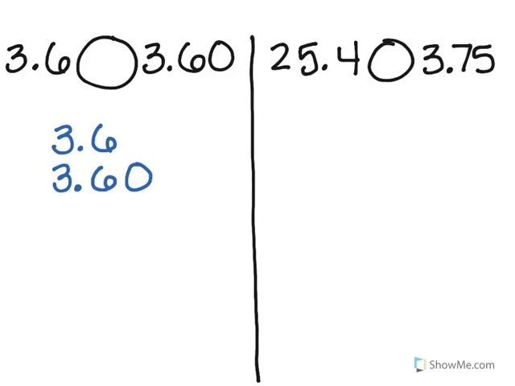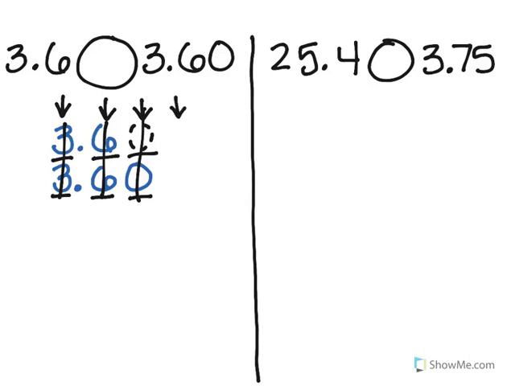Okay, let's compare them. We start at our biggest value, which would be the ones place. 3 and 3, they're the same, so I move next door. 6 and 6, they're the same, so I move next door. Now there is an imaginary 0 here. I have a 0 and a 0, they're the same, and I have nowhere next door.